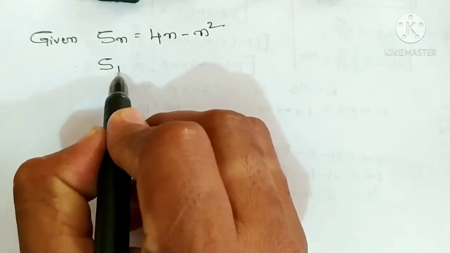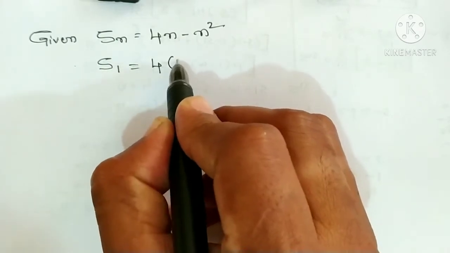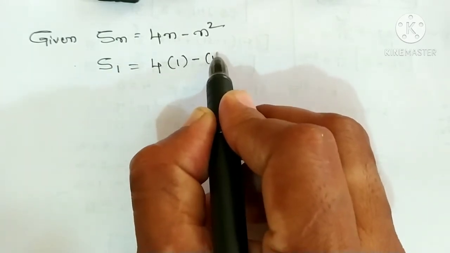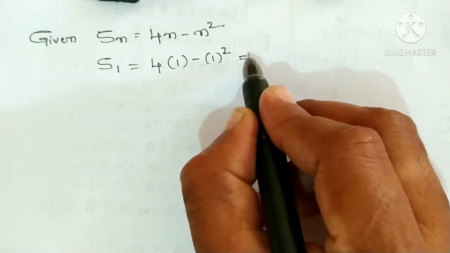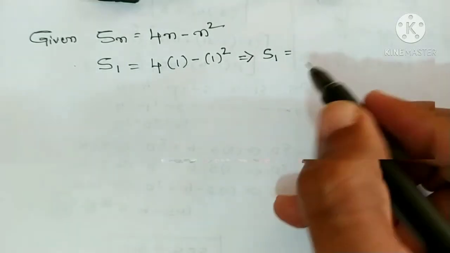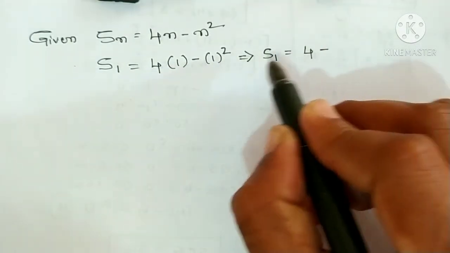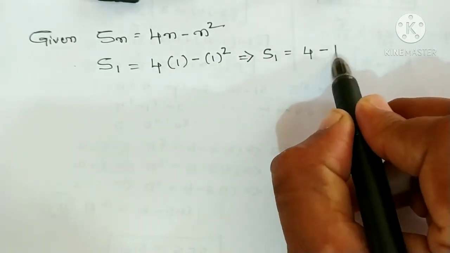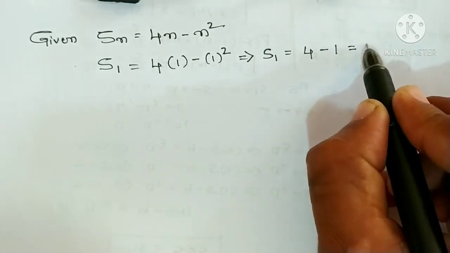S1 is equal to 4 into 1 minus 1 square. So S1 is equal to 4 into 1, that is 4, minus 1 square is 1. So this is equal to 4 minus 1, that is 3.